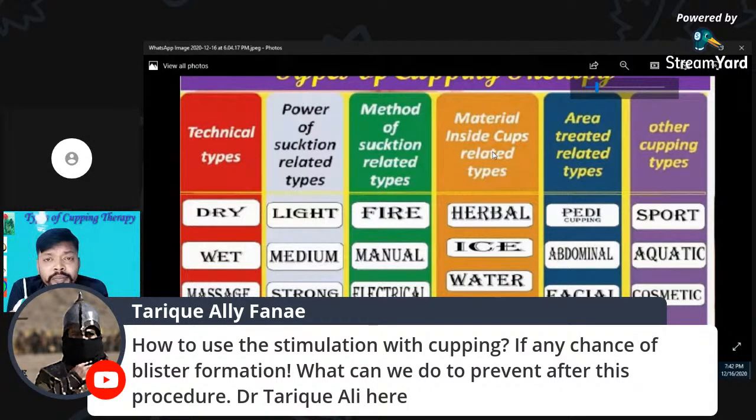For wet cupping, skin has three layers: epidermis, dermis, and endodermis.